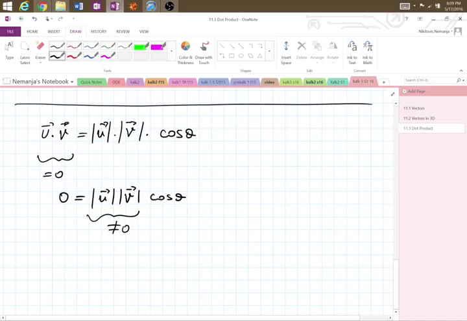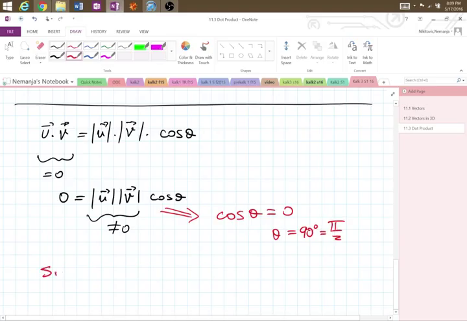So we have to exclude the case that either u or v are 0 vectors, which immediately excludes the possibility of the magnitudes of u and v being zero. So if u dot v is 0, but the magnitudes cannot be 0, that must mean that cosine theta is 0. And that happens when theta is 90 degrees, pi over 2 radians.